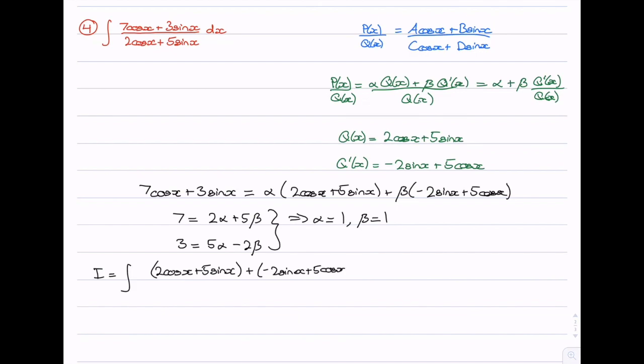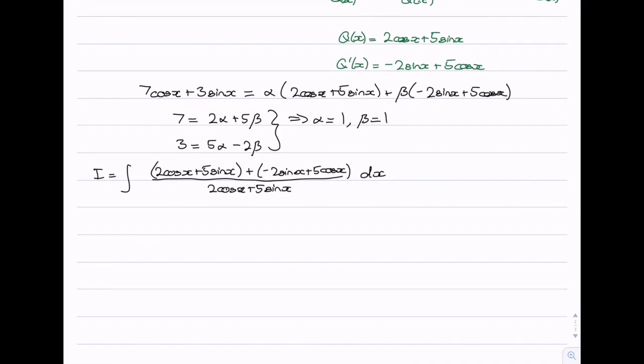And then all of that is divided by the denominator, which is 2 cos of x plus 5 sin of x. And at this point, we split our numerator. So I'm going to have the integral of 2 cos x plus 5 sin x divided by 2 cos x plus 5 sin x. Well, that's something divided by itself, so that's just 1.